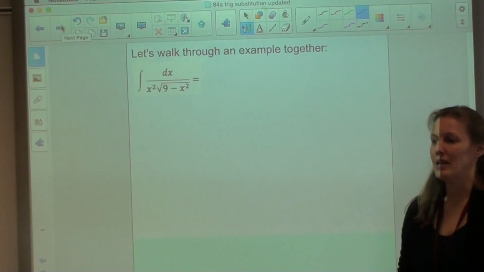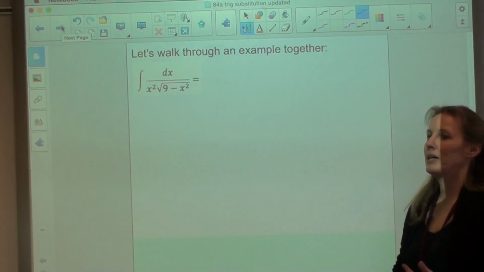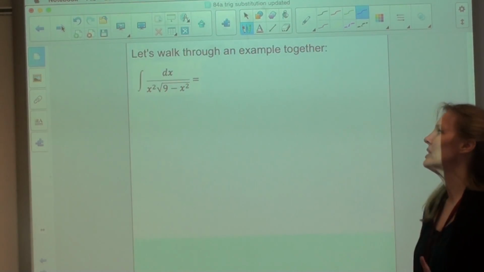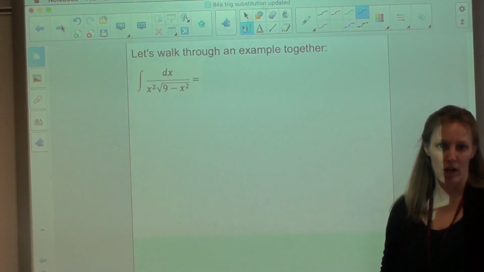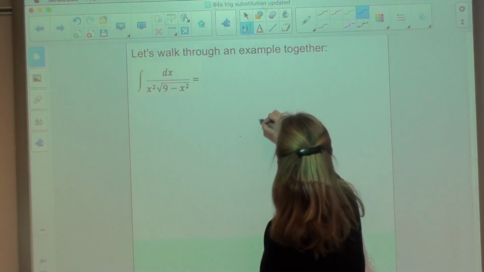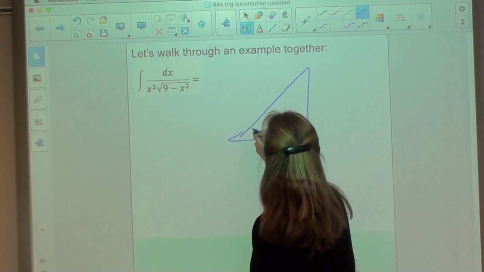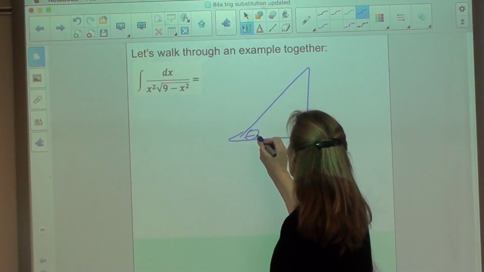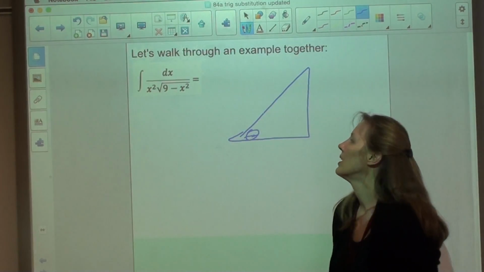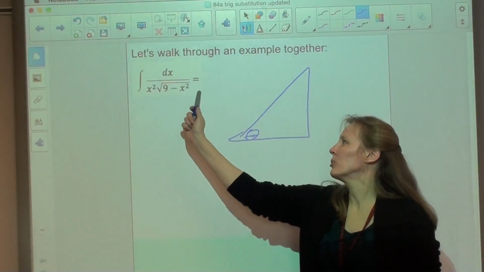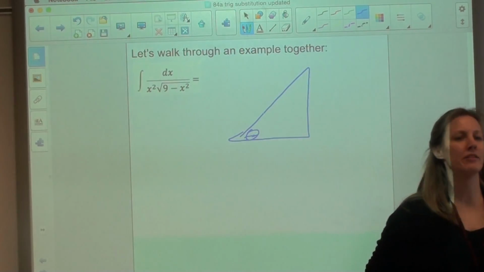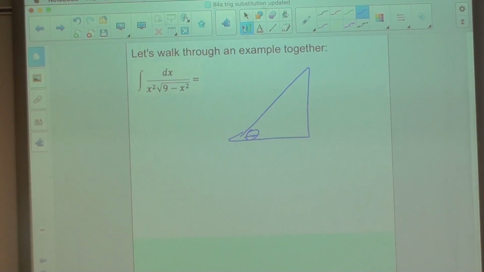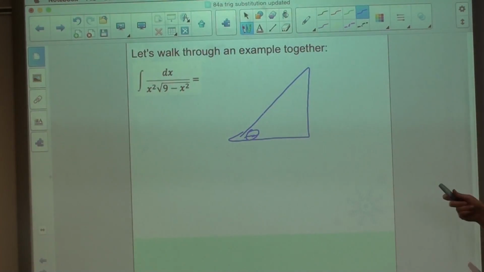So something squared plus or minus something squared. The first thing that we do is we draw a triangle and pick an angle, call it theta. You want to look at your root and label the sides of the triangle so that one of the sides ends up being that root. It doesn't matter what else is in the integral. Just look at the root.